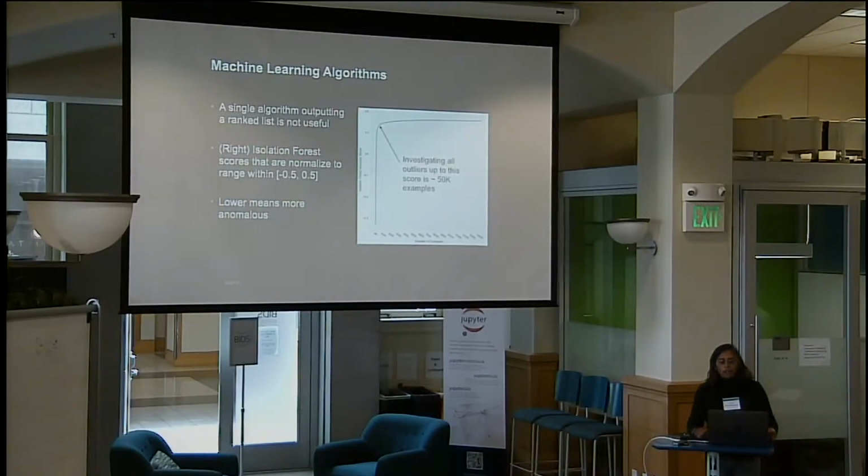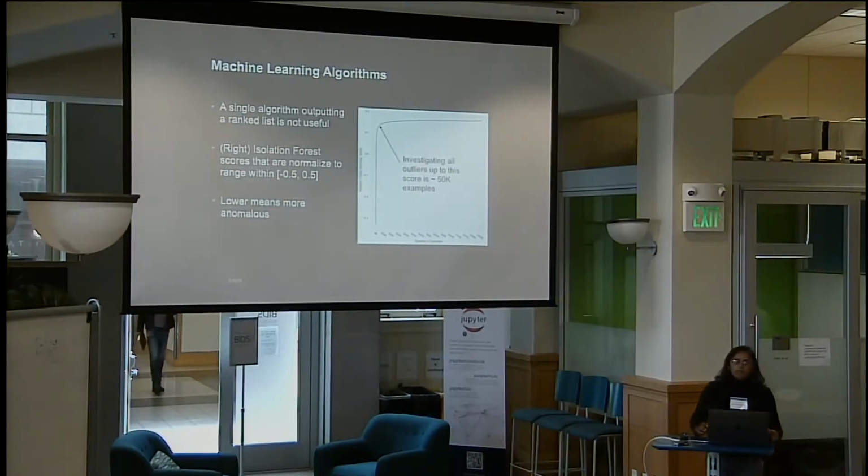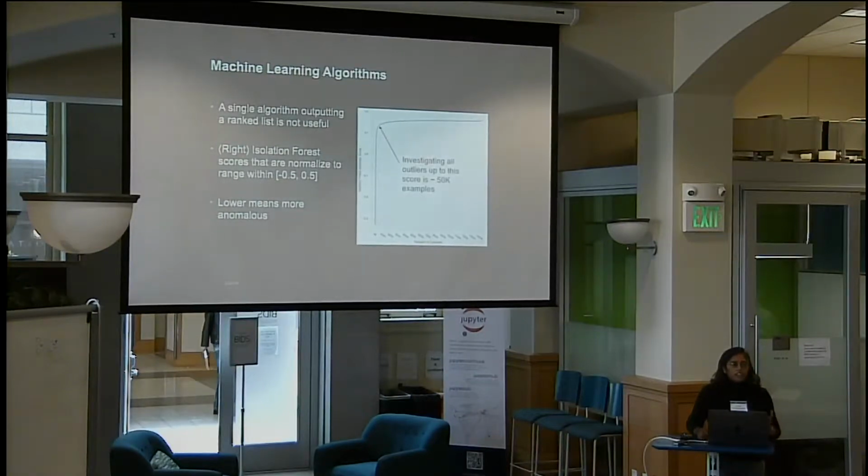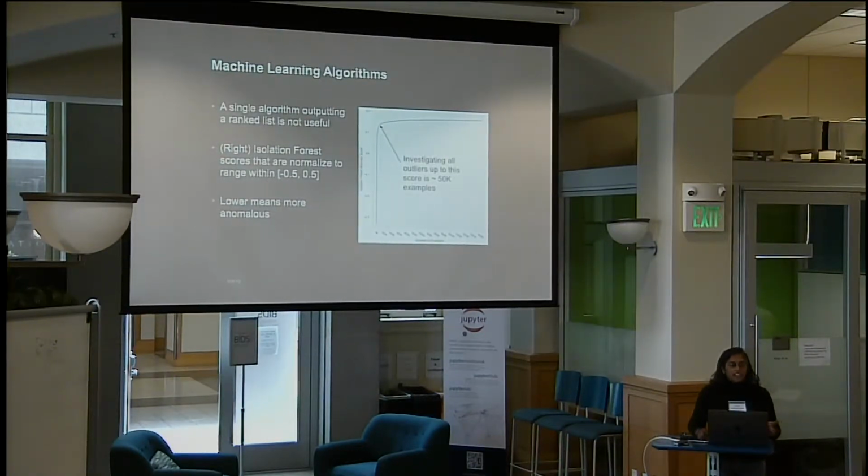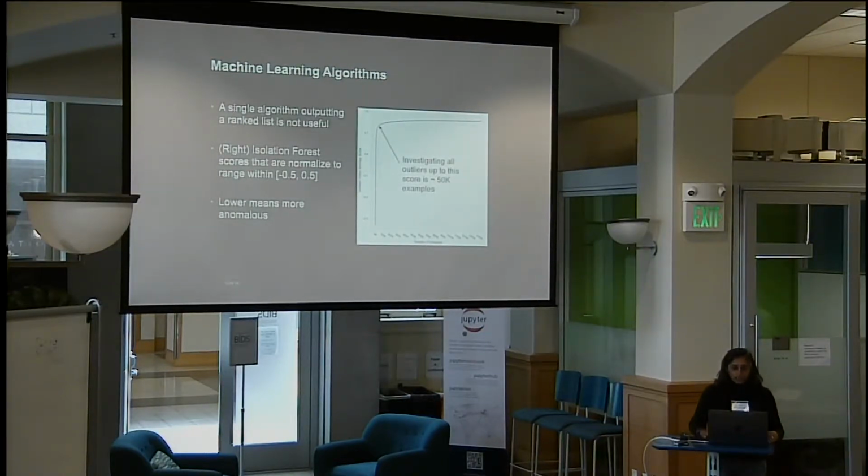If I want to look at all of the objects up until that knee bend in the curve, that's about 50,000 examples in a 12 million catalog. If you're looking at billions of objects, the space that you want to search is probably going to be millions large. It's a very large amount of objects we want to look at.